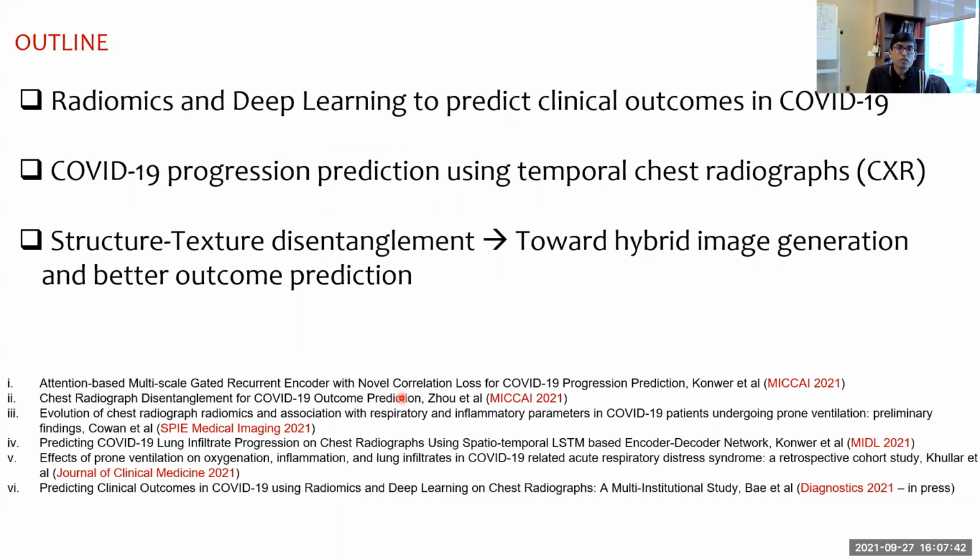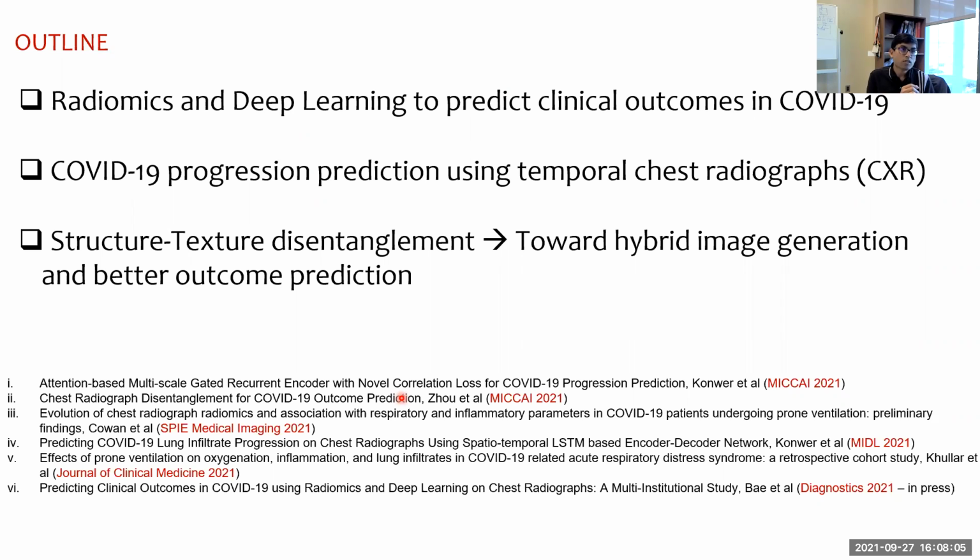We received the seed grant right before summer in 2020, and this was a COVID-specific grant. The co-PIs on this grant were Dr. Dimitrios Samaras from computer science, and Dr. Elaine Gold from radiology. As part of this work, we have been involved in three core pieces of research.